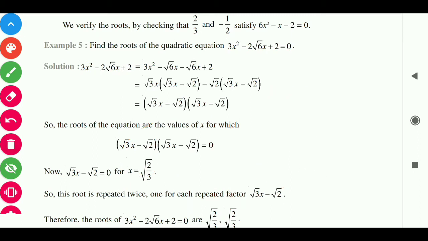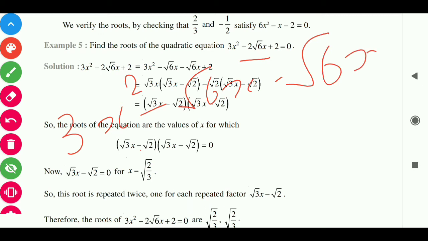As addition of root 6 is possible, we will have the term 3x square minus root 6x, since in the middle term we have minus 2 root 6. So we will take both the terms to be minus, then we will get minus root 6x plus 2 equals to 0.